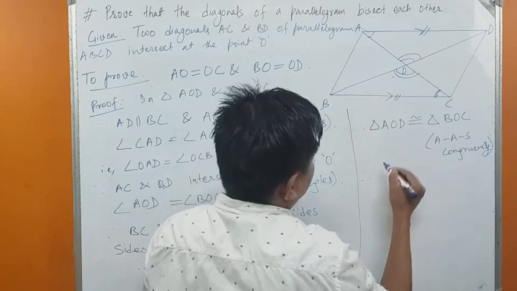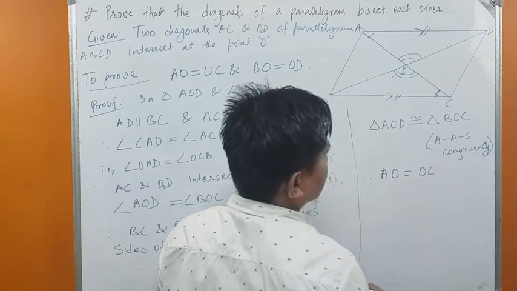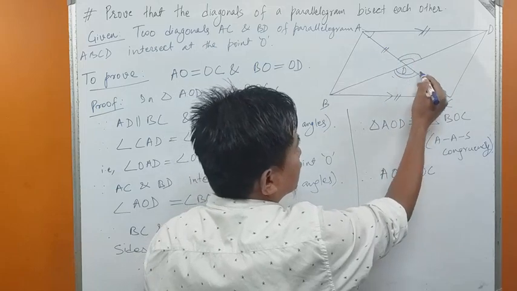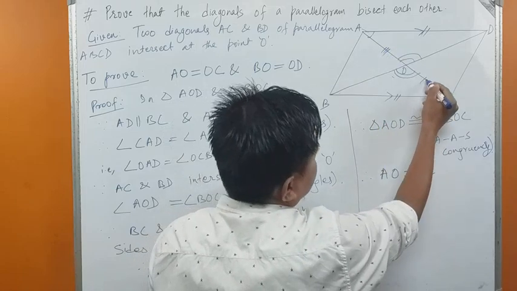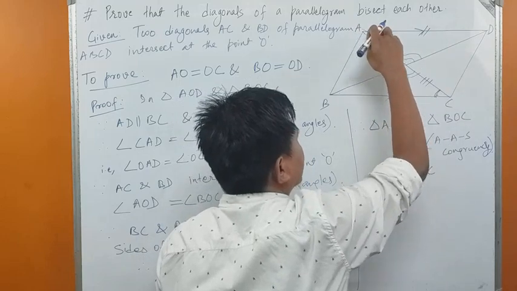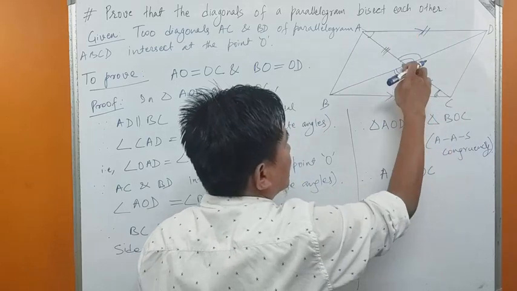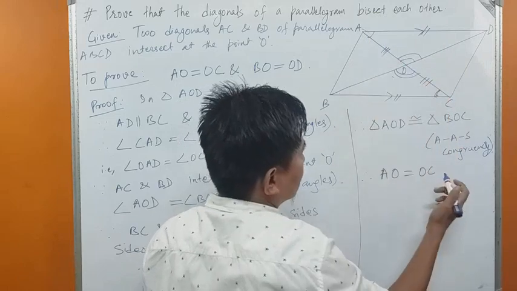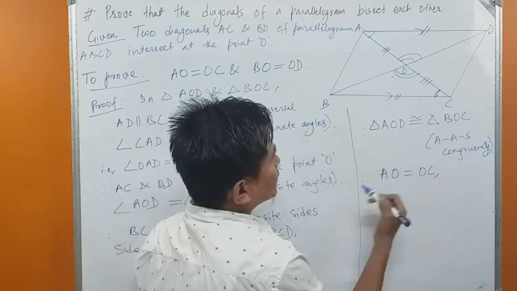Therefore AO equals OC. AO is the side of triangle AOD, and OC is the side of triangle BOC, isn't it? Congruent triangles have equal sides. So AO and OC are equal.